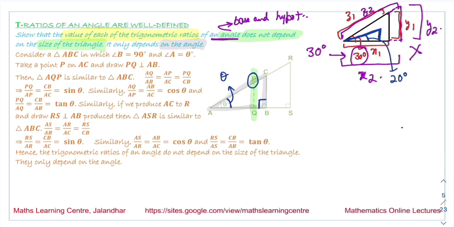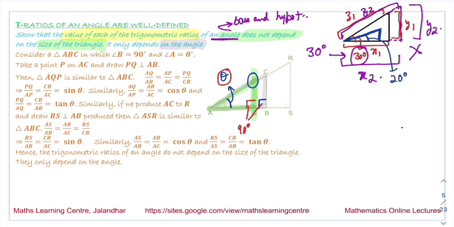Then in triangle AQP and triangle ABC, both these triangles will be similar to each other because this angle theta is common over here. Both these angles are of 90 degree measure.